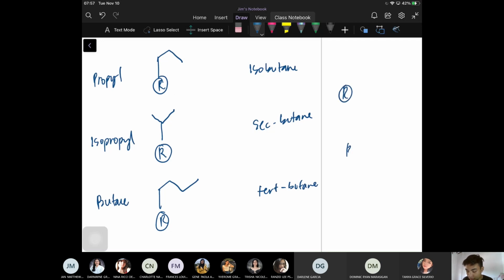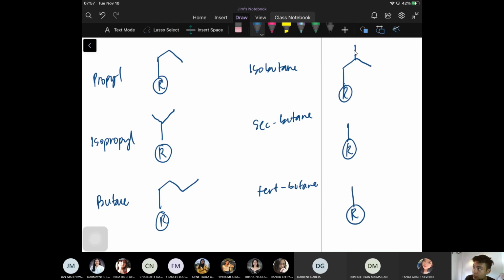Draw ko lang yung R. So, ano meron kapag isobutane? Ganito lang nangyayari. So, this is your CH2, CH2, CH2, CH3, yung butane mo. Ang mangyayari lang dyan is the CH3 group at the end, instead na sa dulo siya kakabit, dito siya kakabit, second to the last. Okay? So, may ganito yung itsura niya.